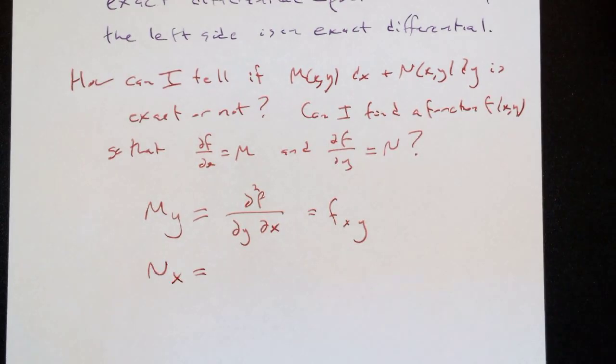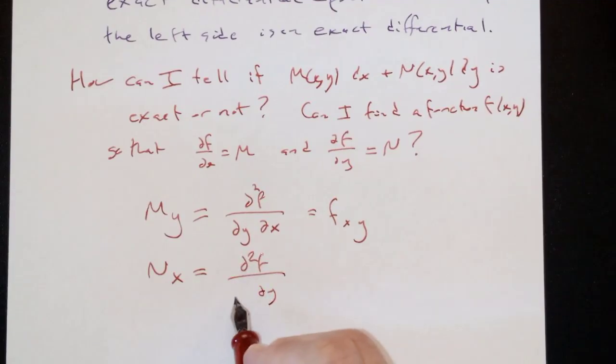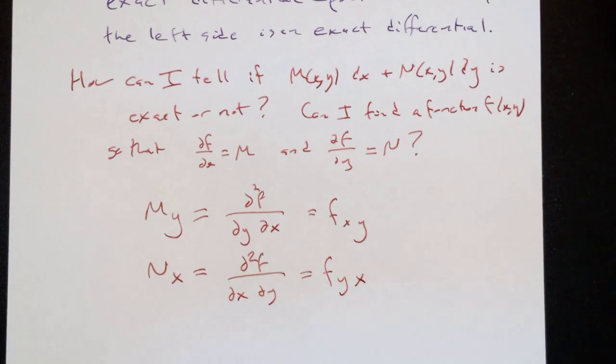Nx equals. That's again the second derivative of f, but this time it's with respect to y first, then x, so that's fyx. My buddy Clairaut told me that whenever I do second derivatives, the mixed second derivatives are equal to each other when f is continuous.